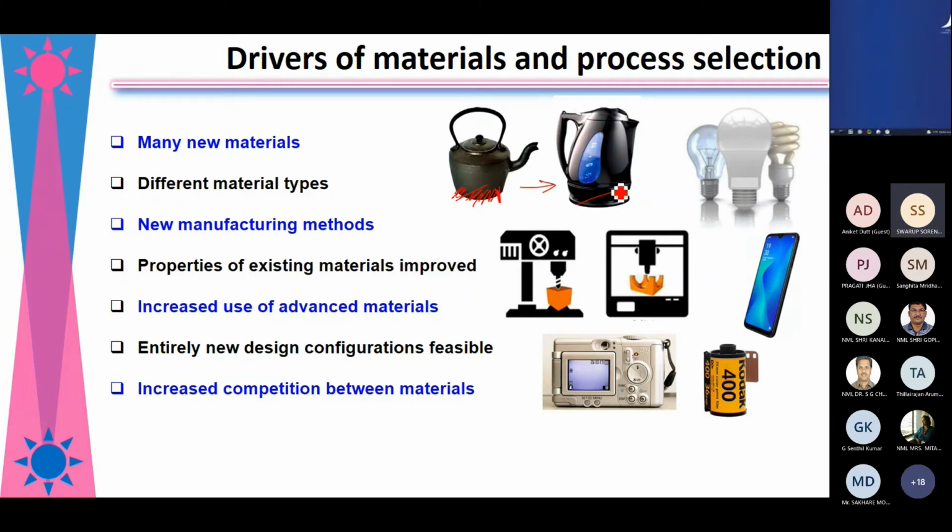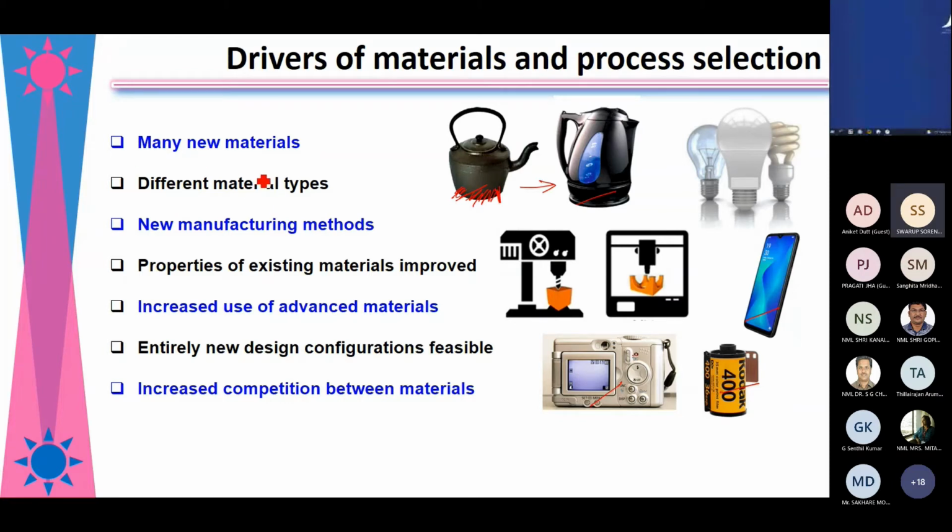And what is the role of materials here? It is very easily visible here. Similarly, for bulbs, from incandescent bulbs, we have come to LEDs. We started from this, we came to this, and now we are here. So it all depends upon the requirement and the possibilities.